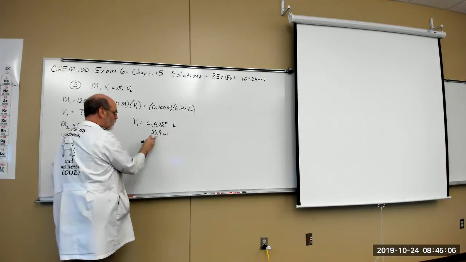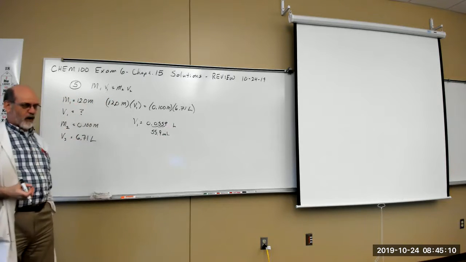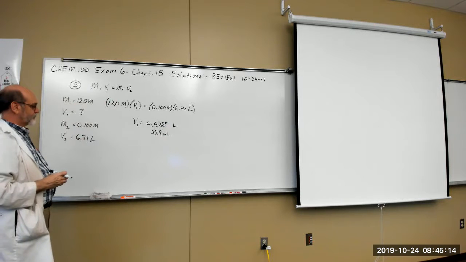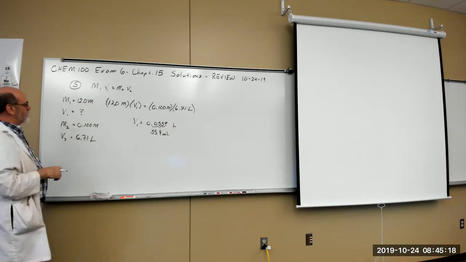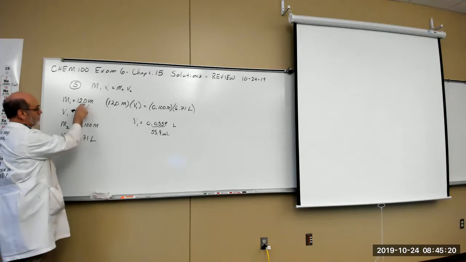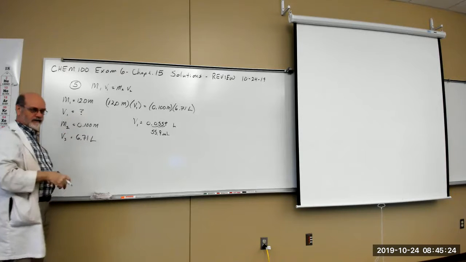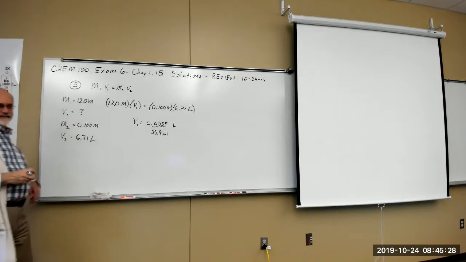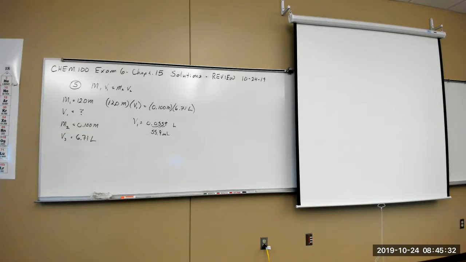So you would have to remove 55.9 milliliters with a properly calibrated pipette. The other possibility is if you know the density, then you can find out what mass you want, and you can weigh it out, and then dilute it. So, like I said before, there's more than one way to solve a problem.